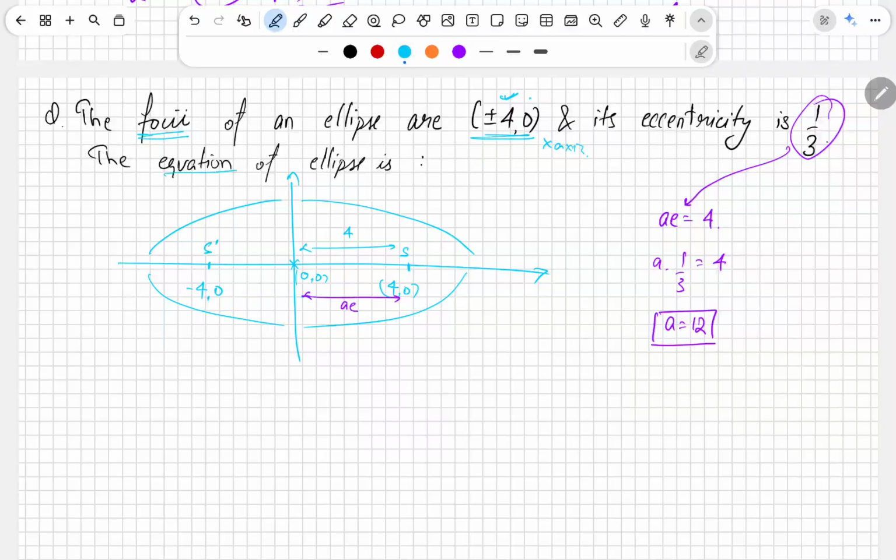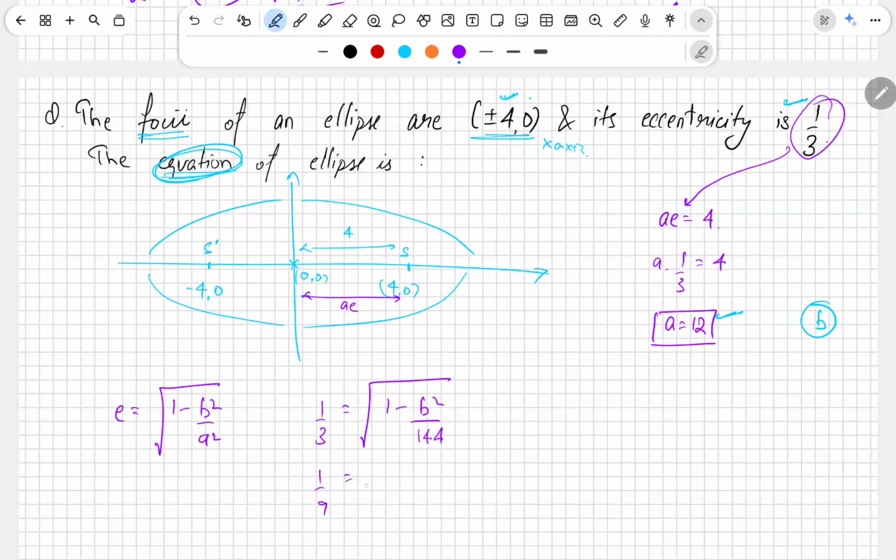We have to find the equation of ellipse. If I have A, to find the equation I also require B. I will use the formula of eccentricity to find that. We know that eccentricity is under root 1 minus b square by a square. Putting the values, e is equal to 1 by 3, under root 1 minus b square, a square is going to be 144. Squaring both the sides, I'll get 1 by 9 is equal to 1 minus b square by 144.